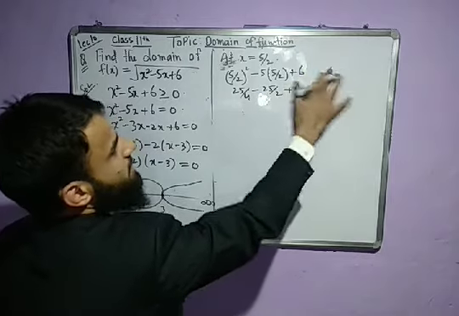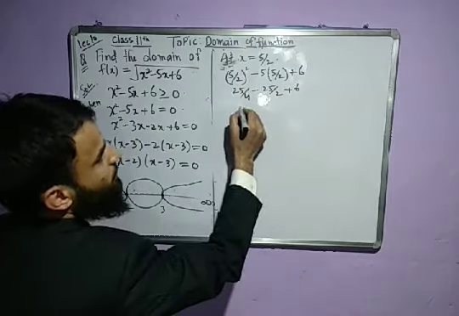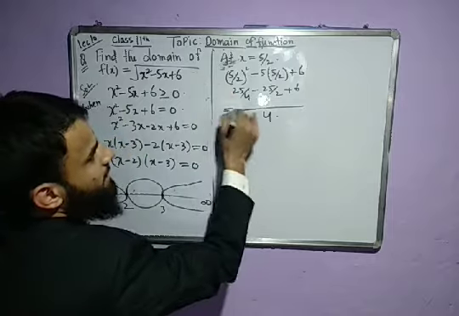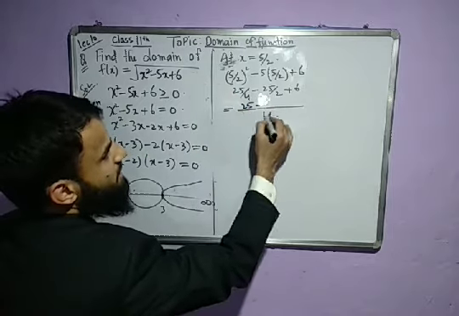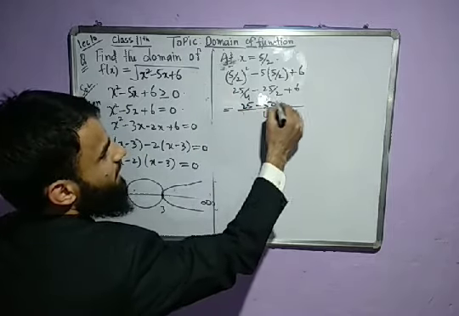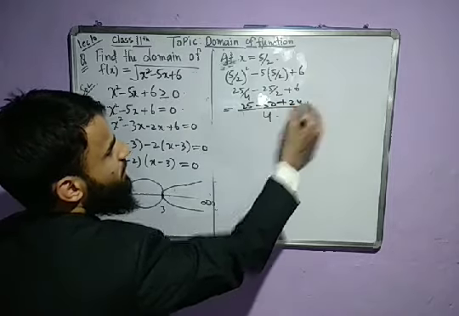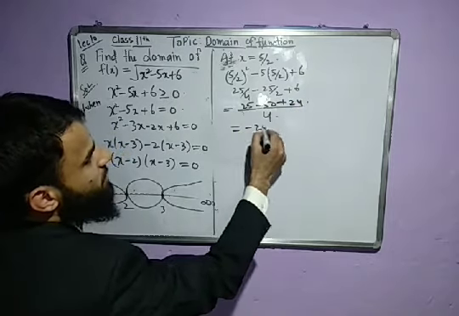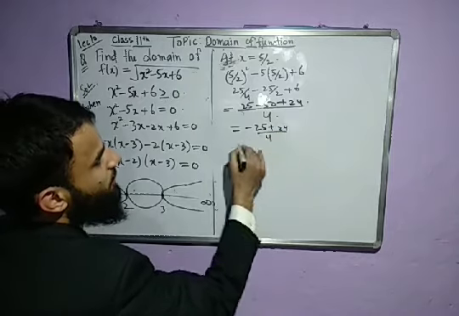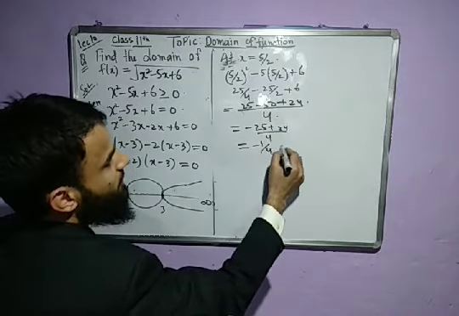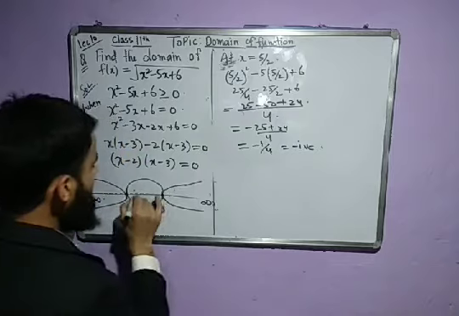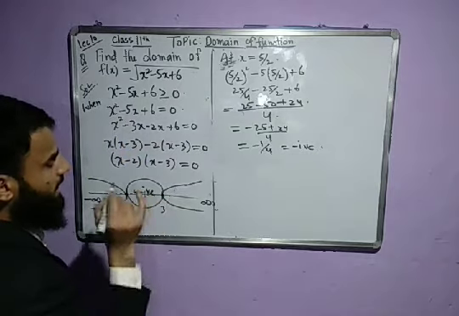You don't have to put it equal to 0, we have to check it. So we will take the LCM 4, and it will come out to be minus 1 by 4, which is negative. So it means in the between region it is negative.